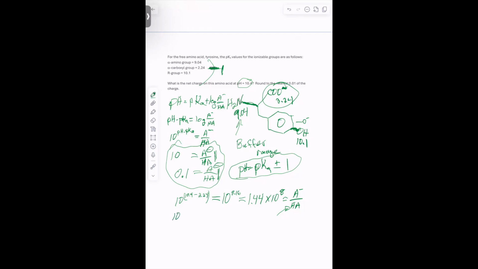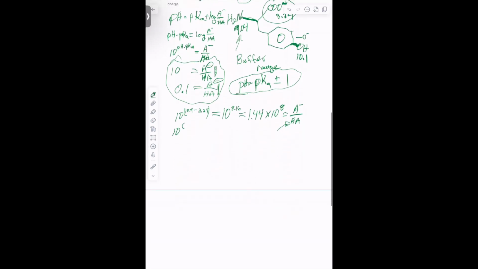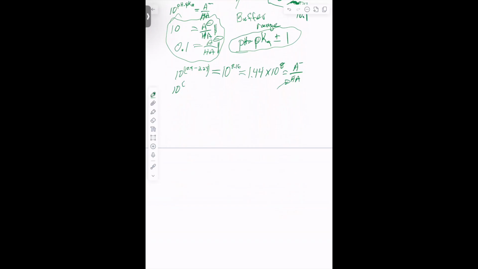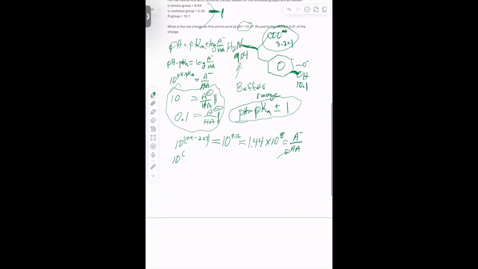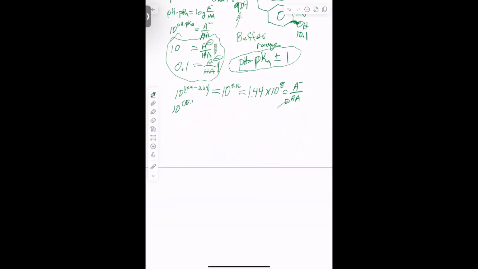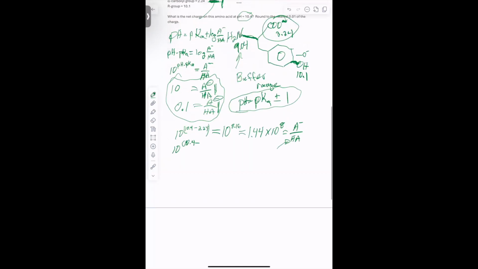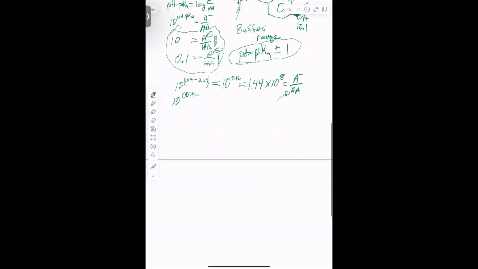So if we go 10 to the 10.4 minus 9.04. If we do that, and we do all the math involved, that's equal to 10 to the 1.36.